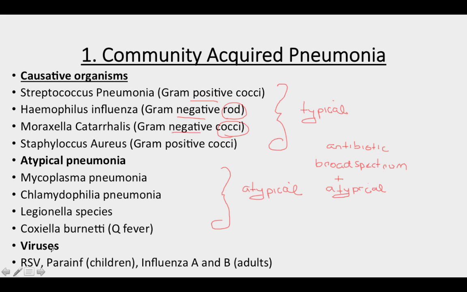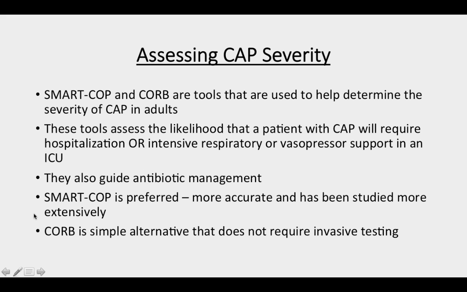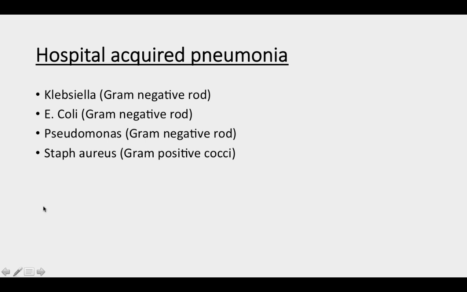Right? But don't forget, particularly in children, pneumonia can often be caused by viruses, respiratory syncytial virus, parainfluenza, and also in adults you shouldn't rule out viral infections from influenza A and B. Right? That's in the community. Pneumonia can also be acquired in the hospital. Right?